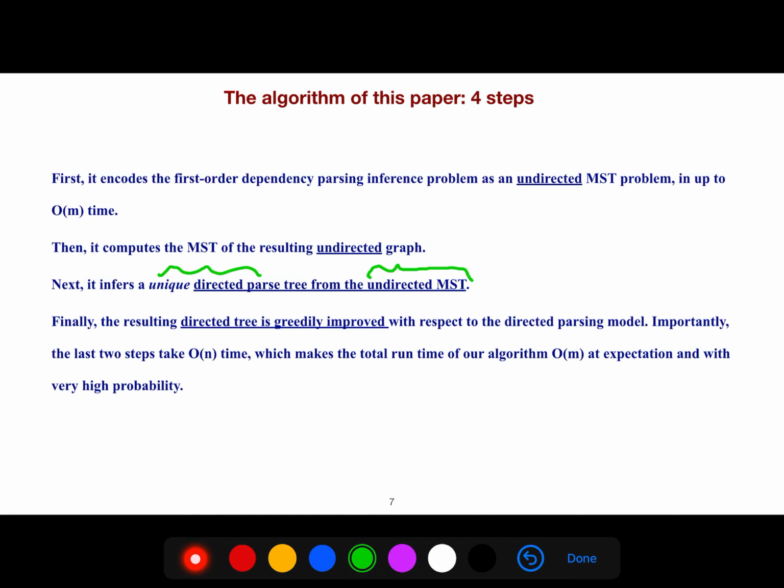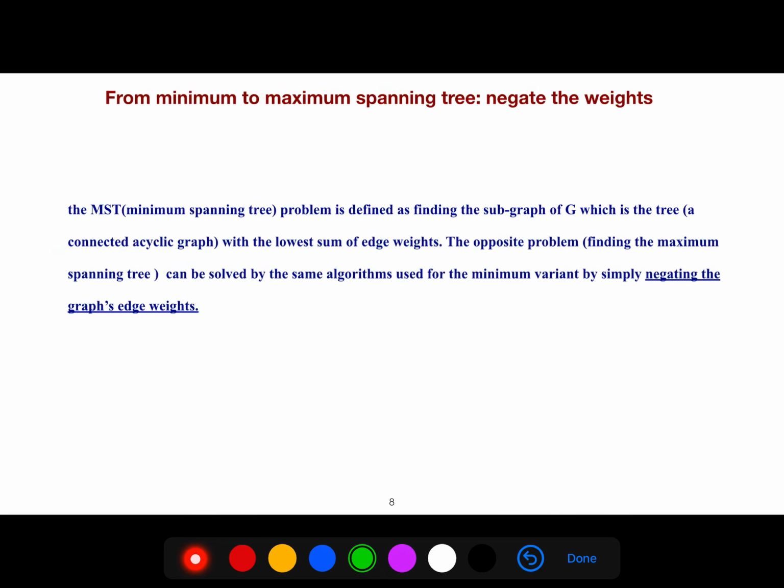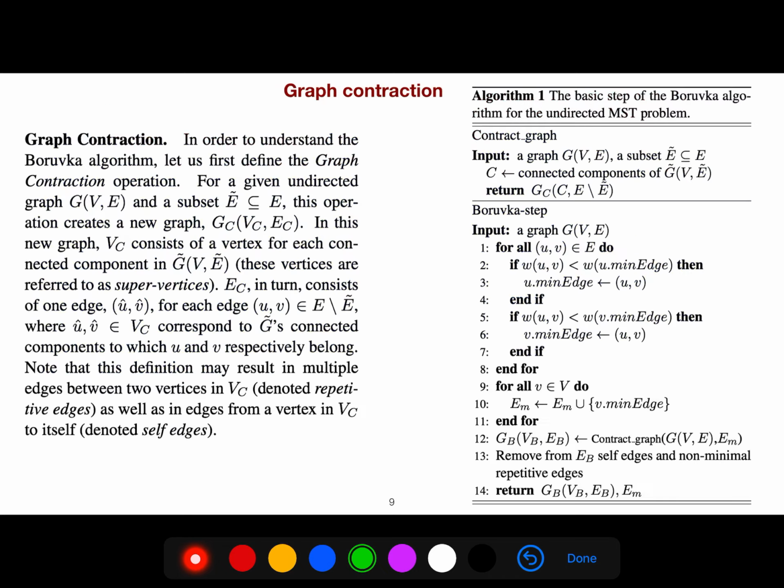And finally, the resulting tree is greatly improved. The last 2 steps take order of n, which makes the total runtime, with very high probability, order of m. So we negate the weights, as I said, going from minimum spanning tree to maximum spanning tree.